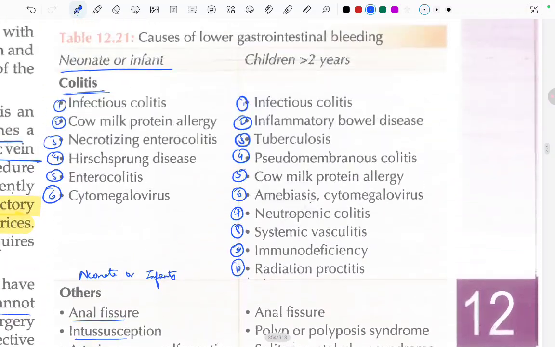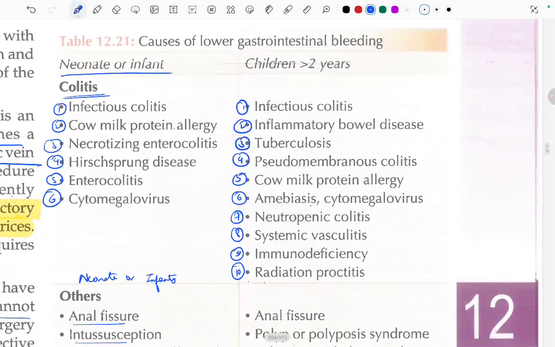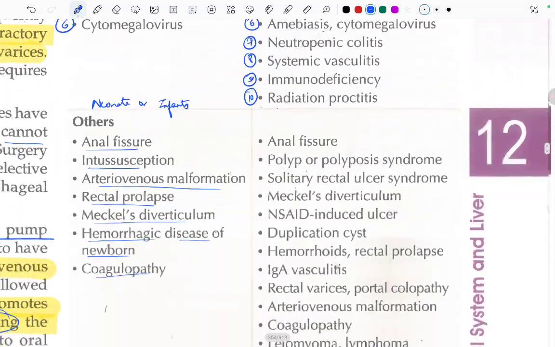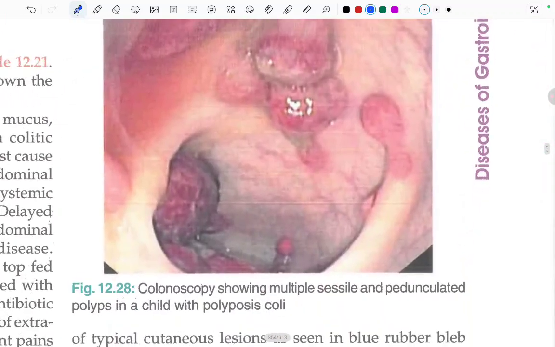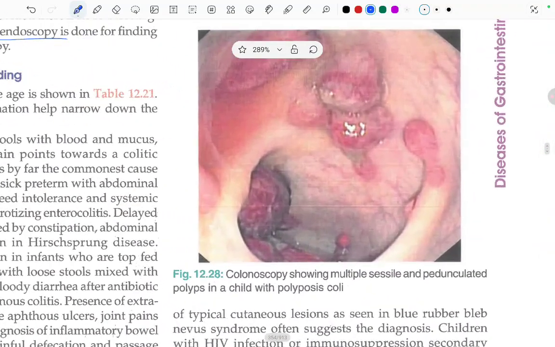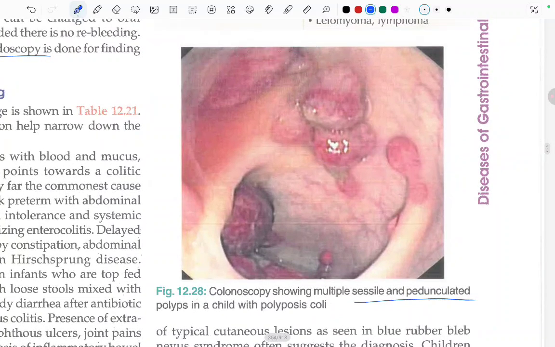These can also be the causes of lower GI bleeding in children more than 2 years of age. In this picture, it's a colonoscopy showing multiple sessile and pedunculated polyps. We can see these polyps, right? In a child with polyposis coli.